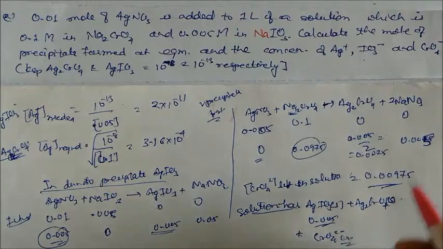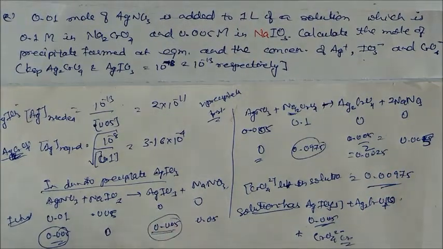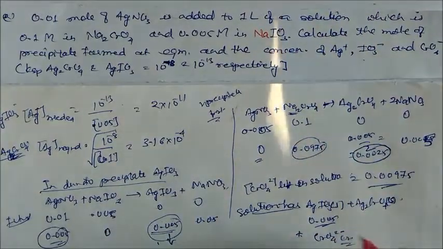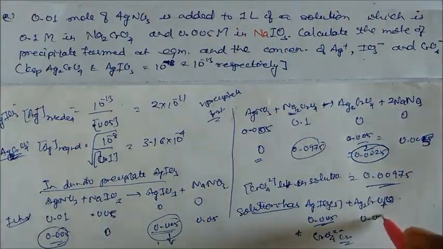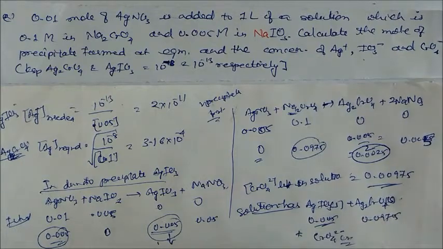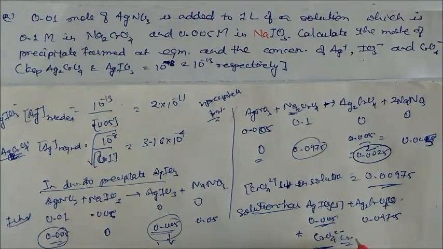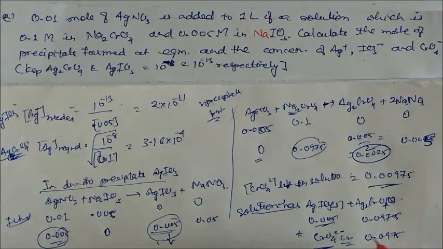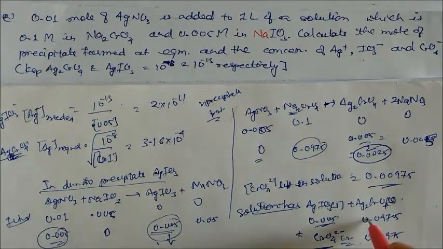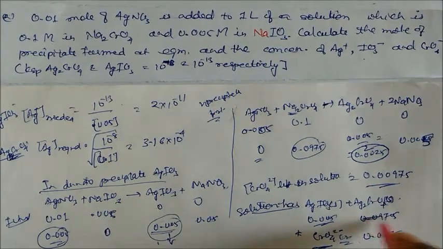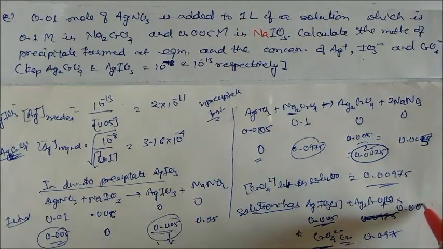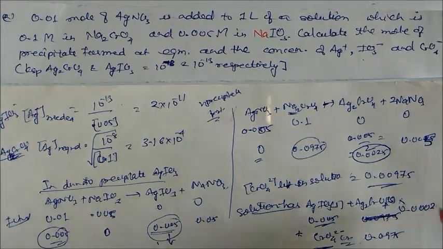We can see here 0.005, this is the concentration present in solution, and silver chromate here 0.0025, and the chromate ion is present in the solution as 0.0975. So this is not 0.05, this will be 0.025, so cut it here; this should be 0.0025.